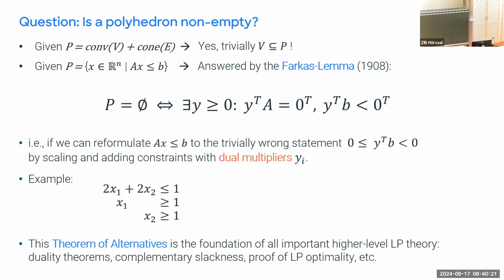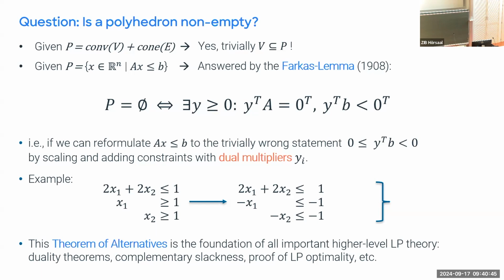So here we have three inequalities. x1 plus x2 should be together less than or equal to 1/2, say. x1 and x2 at least 1, so this obviously cannot work. We can transform this first of all into our standard form Ax less than or equal to b. And then what does this y mean? Well, I need one multiplier for each row.